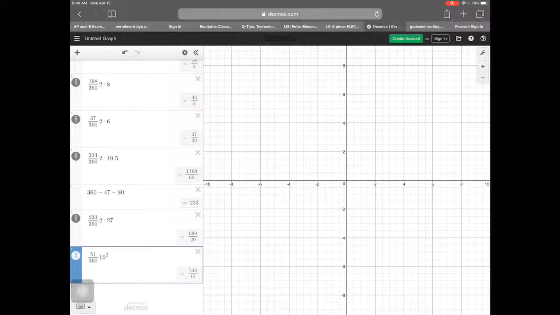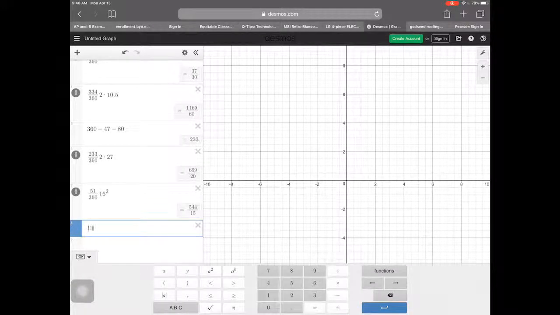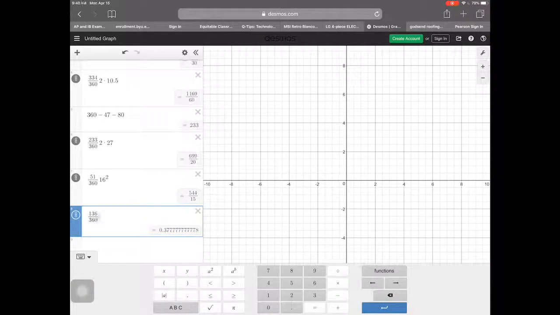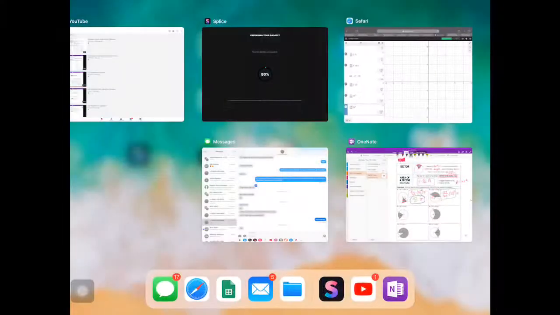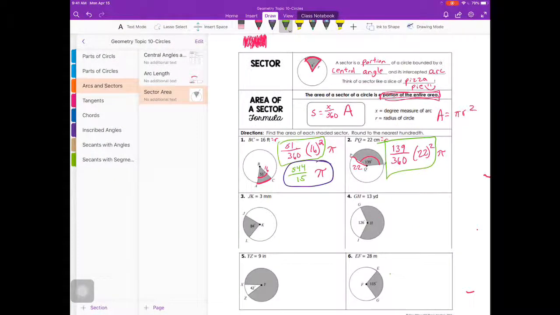Ooh, we're getting really low here. 139 out of 360 times 22 squared. Put that in fraction mode, and we get 8,228 over 45. So 8,228 over 45. Pi is still hanging out there, and we're done.